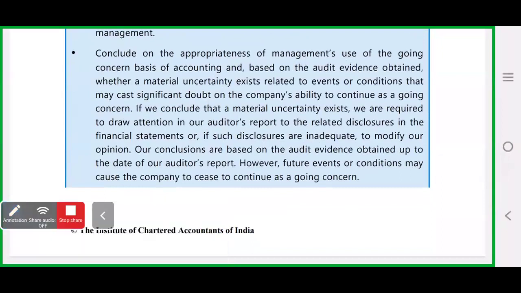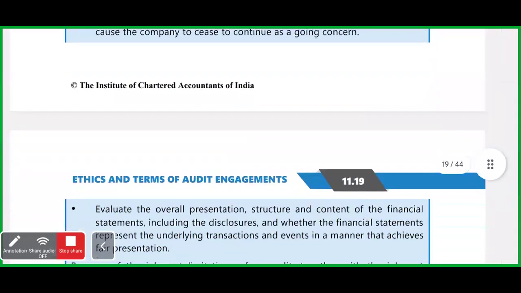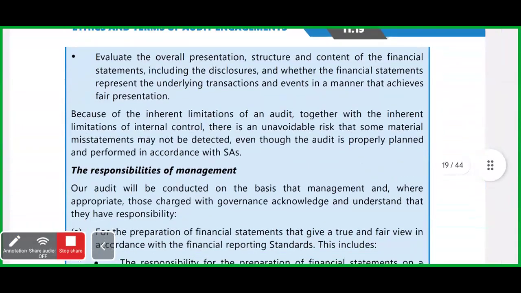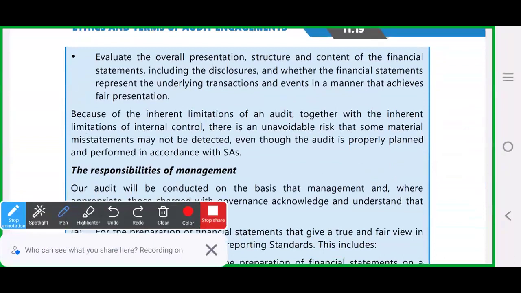This is again one of the important auditor's responsibilities. An auditor should evaluate the overall presentation, structure, and content of the financial statements. Again, there are inherent limitations to audit, which are unavoidable risks. Hence, the auditor should plan the audit properly and it should be performed in accordance with SAs.